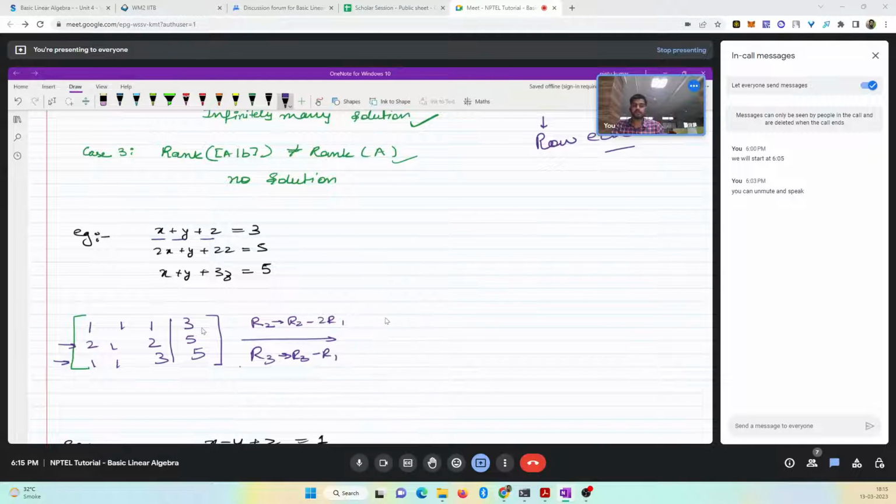So what does this make? This leads to 1 1 1. The first row remains unchanged. Now in the second row, the terms become 0, minus 1, 0. This one becomes 0, 0 and 2. And this term over here becomes 5 minus 6, which is minus 1.